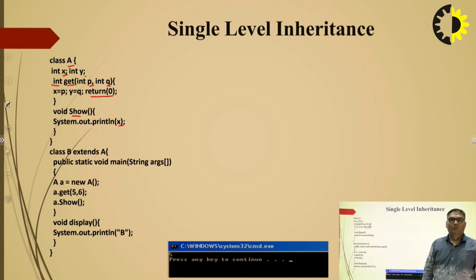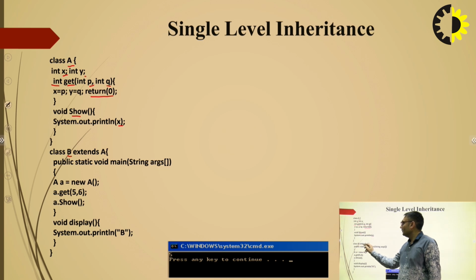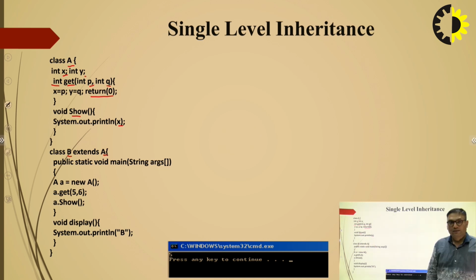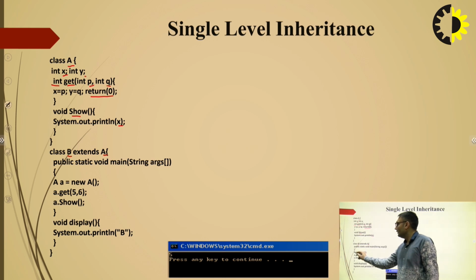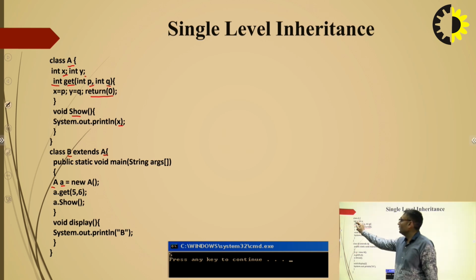There is another class called B, and that extends the class A. So here B is a subclass and class A is a superclass. In this method, I am creating an object of class A, and I am accessing the methods defined inside the superclass.